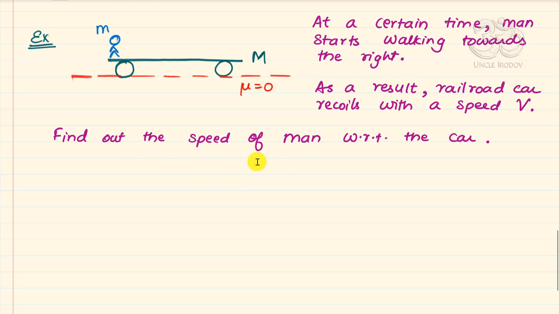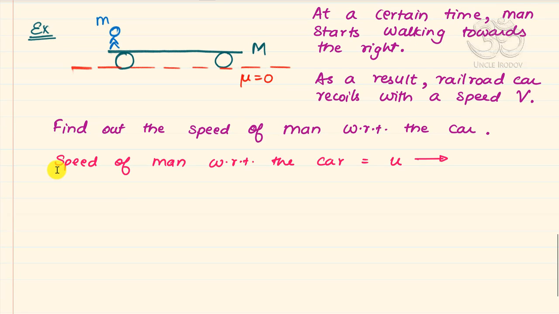So let's see. Let us say the speed of the man with respect to the car is u in the rightward direction. And because of that, we know that the car is going to recoil in the backward direction.